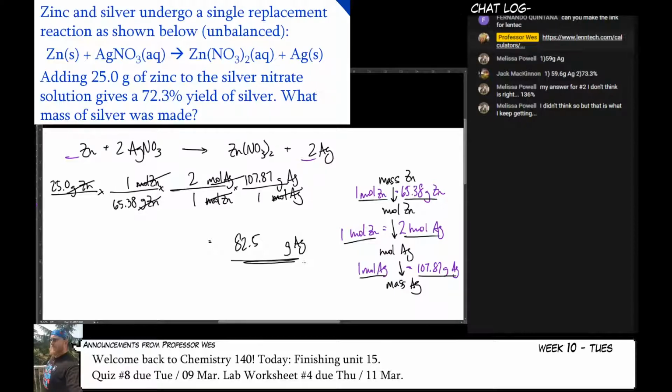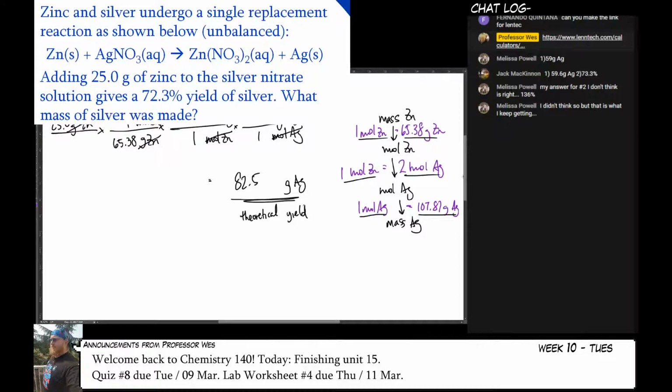I have 82.5 grams of silver as the theoretical yield. Now we can use that to calculate the actual yield, which is the percent yield, 72.3%, and the theoretical yield, which is the number we just got, put together. So percent yield is actual over theoretical times 100%.